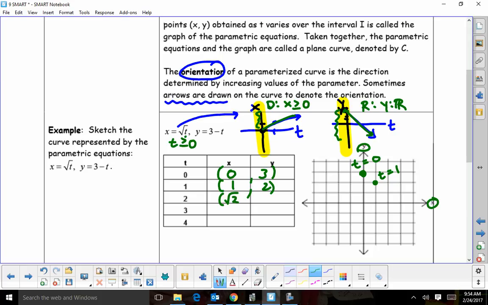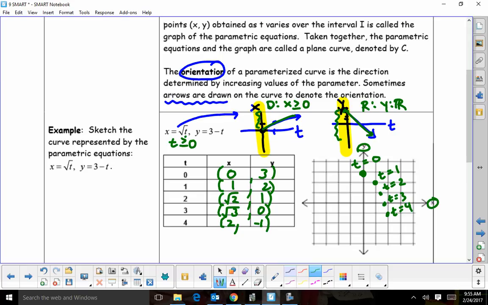Radical 2, 1. Radical 2 is approximately 1.4142. So 1.4142, 1. Square root of 3 is 0, and 4 is 2, negative 1. So square root of 3, 0, and 2, negative 1.